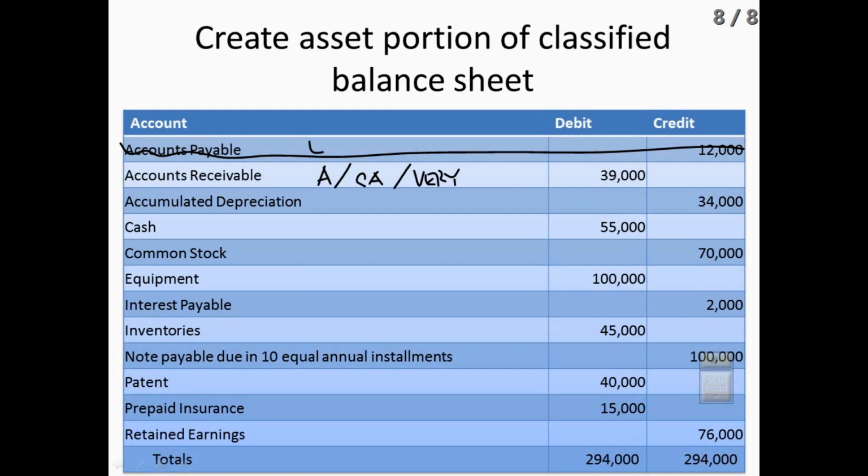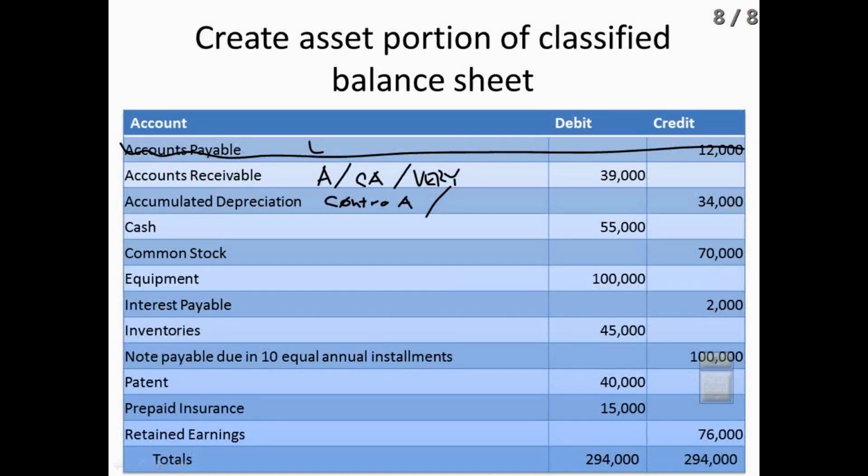Accumulated depreciation, what's that? That's a little weird. It's a contra asset. Does it go on the asset side or on the liability side? Asset side. Good. Where is it going to go? After equipment. So it's associated with the land, building, equipment, etc., the PP&E account.